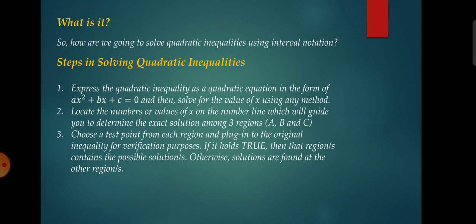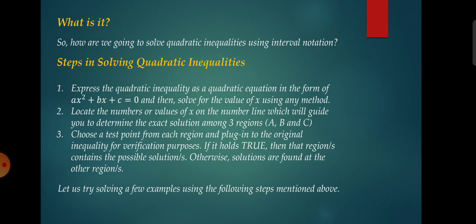If it holds true for a specific test point sa usa ka region, then that region or regions contains the possible solution or solutions. Otherwise, solutions are found at the other region or regions.